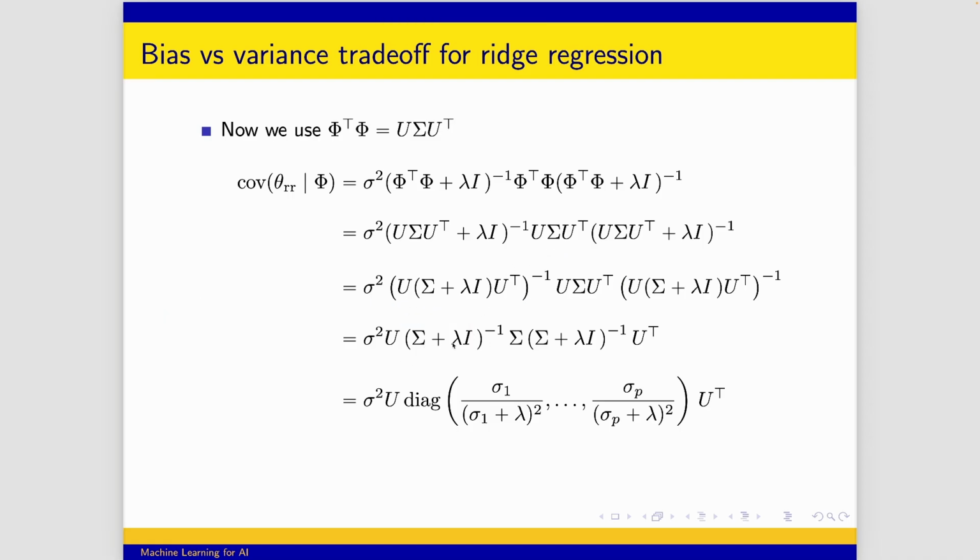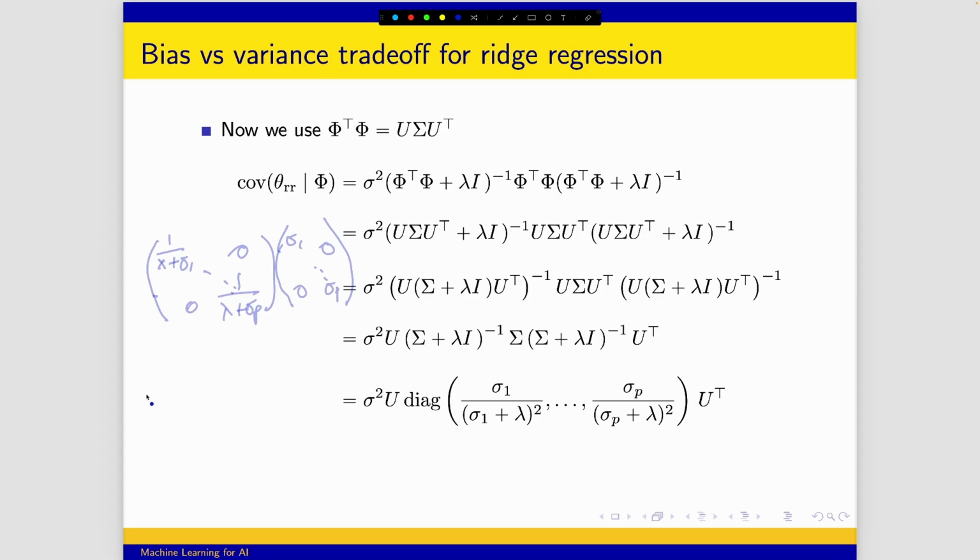Okay. Now what do we have? Let's look at the multiplication of these three matrices. We've got sigma plus lambda I to the minus 1, and I showed before that it's going to be the diagonal matrix 1 over lambda plus sigma 1 down to 1 over lambda plus sigma p. That's multiplied by this matrix, sigma 1 down to sigma p, and these are all 0.